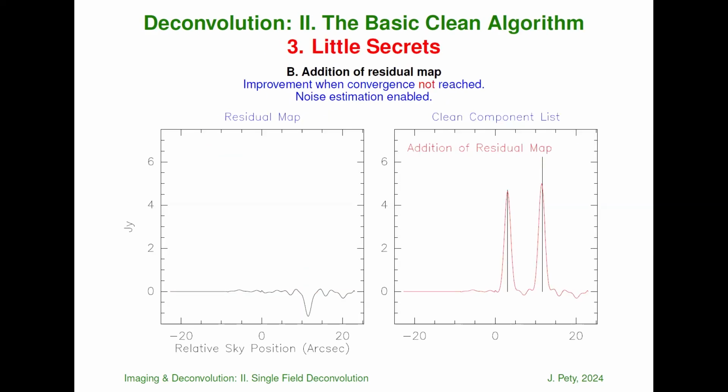Okay? Here I have added to the clean component list regularized the residual map, and you see that the peak of the two main sources now are closer to 5 Jansky. Okay? But it's not perfect because here you see that you still have some irregular baseline.